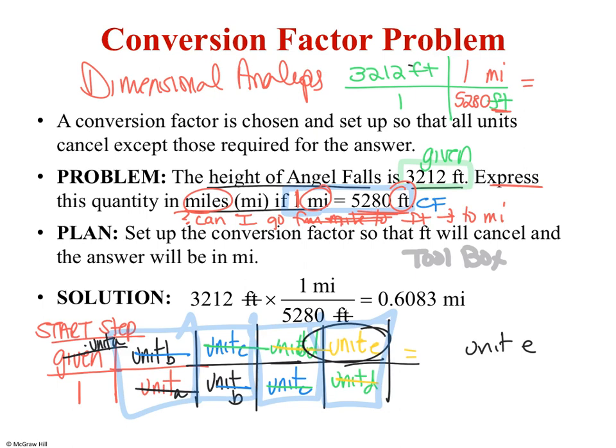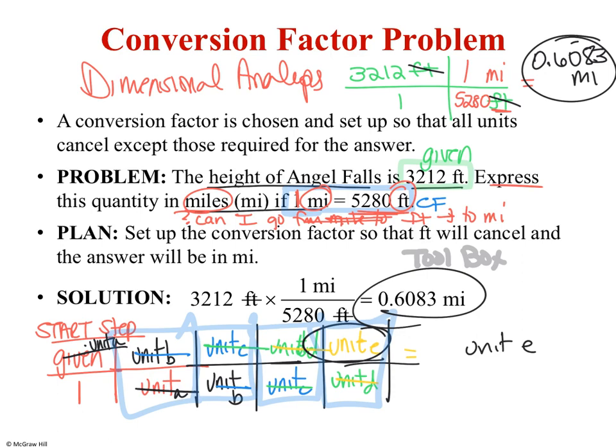Now, feet will cancel out because they're on top and bottom, and you're left with mile. So now you know you have to divide 3,212 by 5,280. That's going to be 0.608 mile. And we have 4 significant figures, so that is your answer.